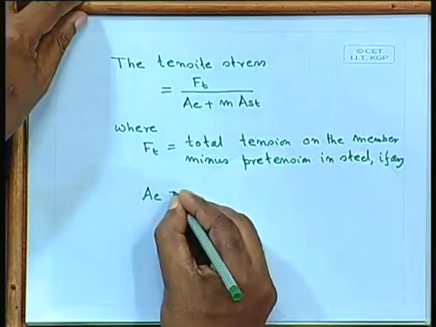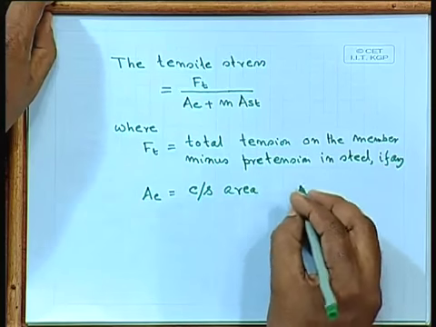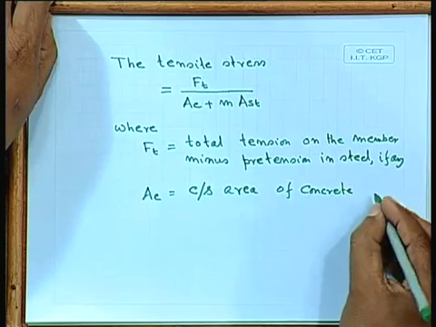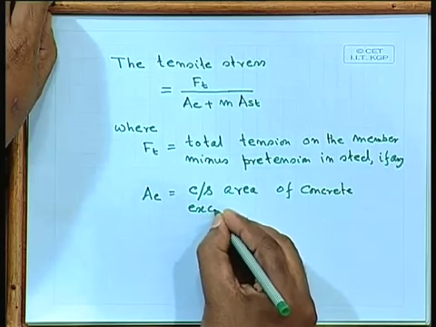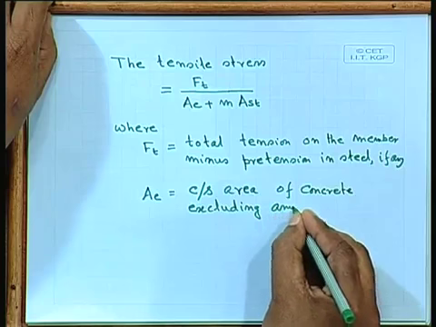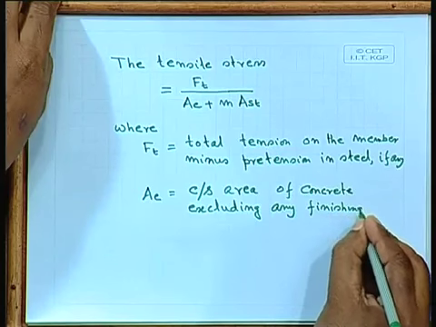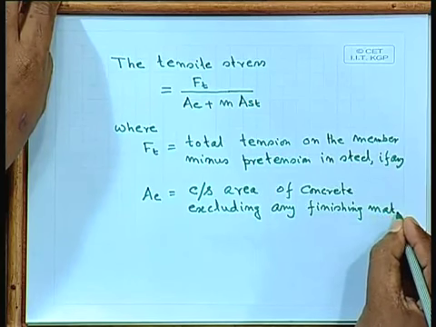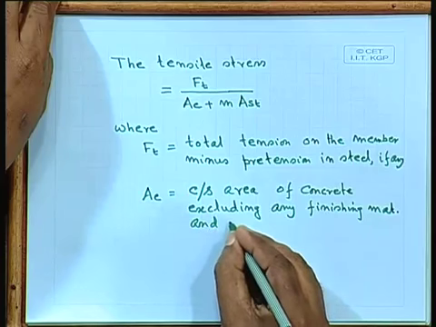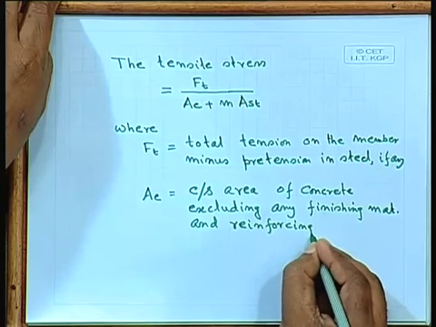And AC, cross sectional area of concrete, excluding any finishing material and reinforcing steel. Only we are considering concrete.